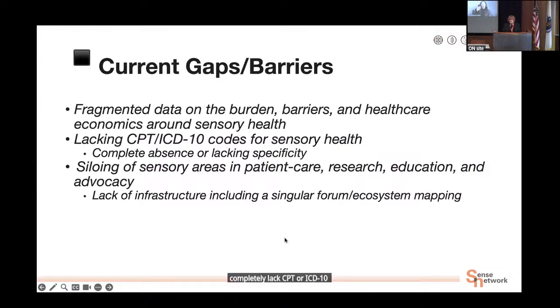And in others, there is a lack of specificity, an all or nothing as opposed to degrees of severity. And we think that siloing, we did not really talk specifically about individual sensory systems, but that siloing of sensory areas in patient care, research, education, and advocacy actually limits what we can do in bringing the importance of sensory health forward. And so we identified there really is a lack of infrastructure, including a singular forum for ecosystem mapping of sensory health more broadly.